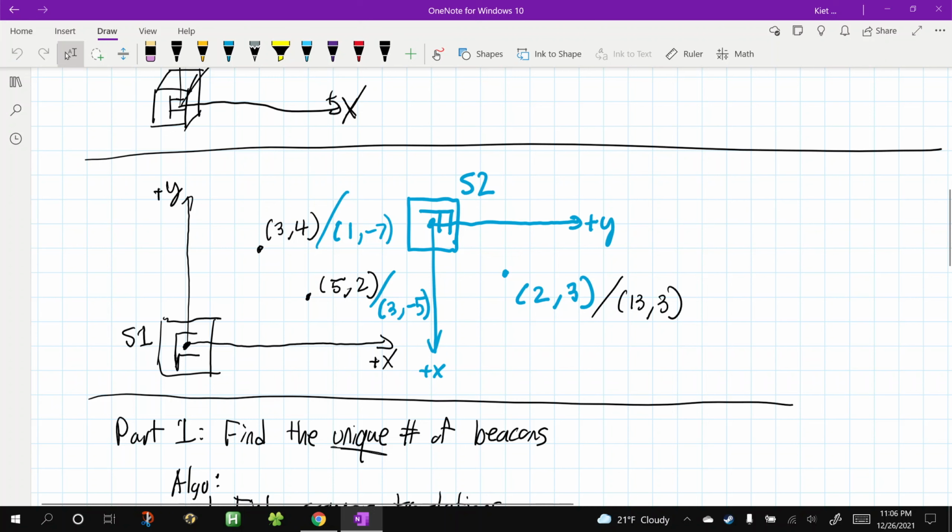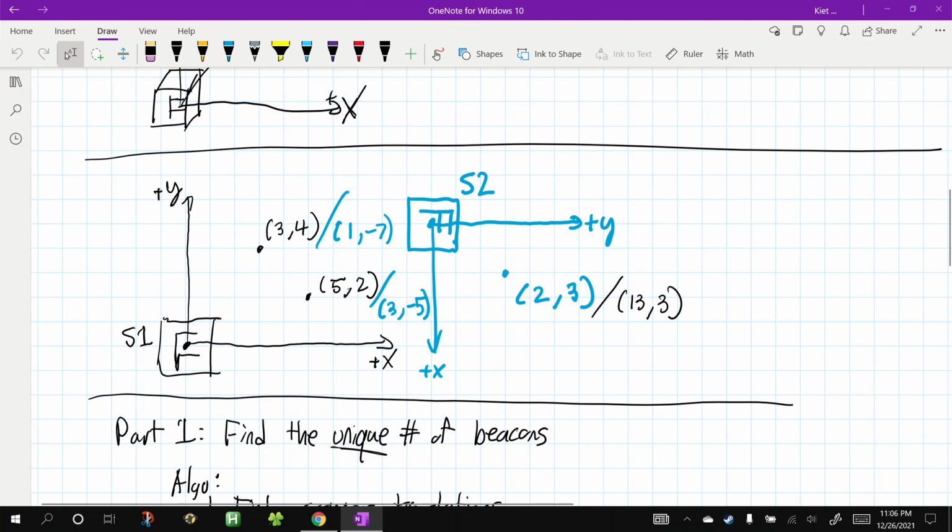So it goes up 1 and then down 7, so 1, 2, 3, 4, 5, 6, 7. This is from this point right here, which is the 0, 0 for scanner 2. Then the same goes with this other point here, which in terms of the S2 coordinates is 3 and -5.